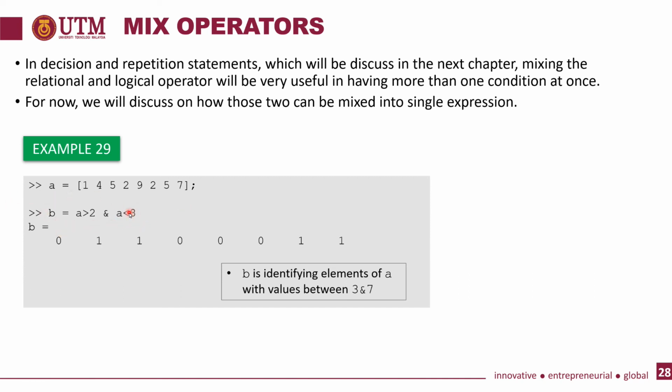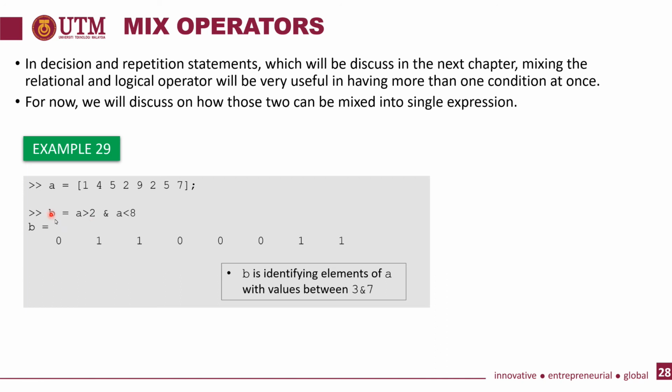It means you want to find the elements of A from 3 to 7, because you don't have any equals value here. A is greater than 2 means 3 4 5 6 7, but it is also less than 8.